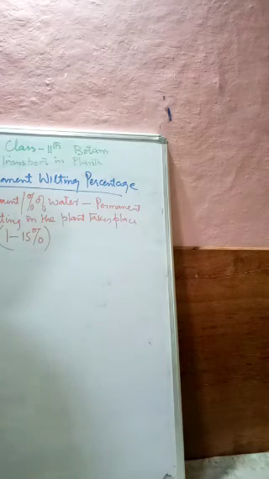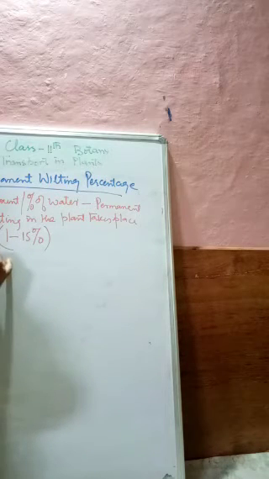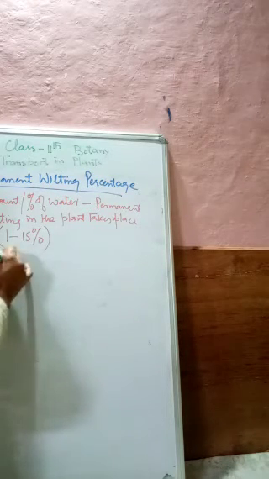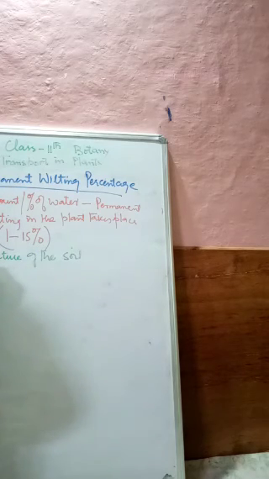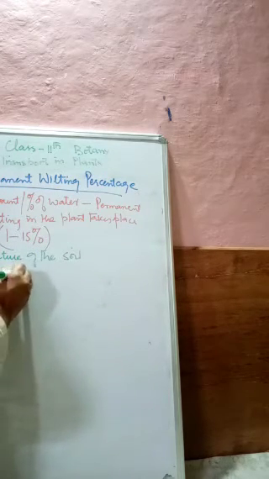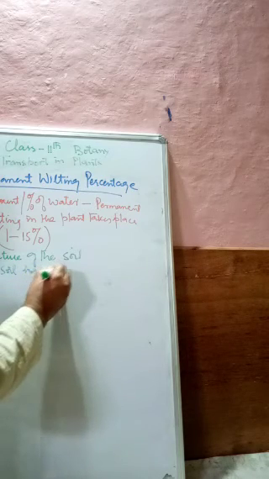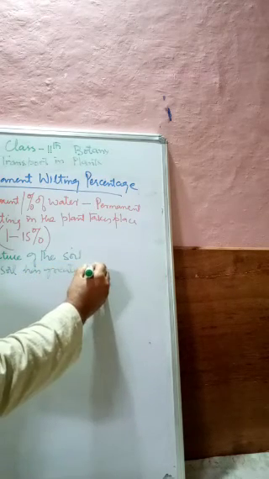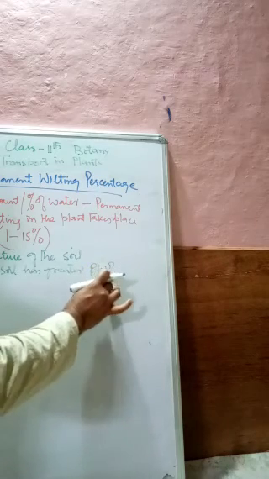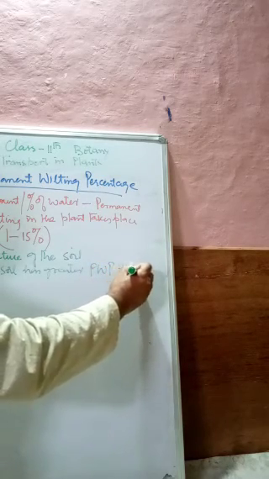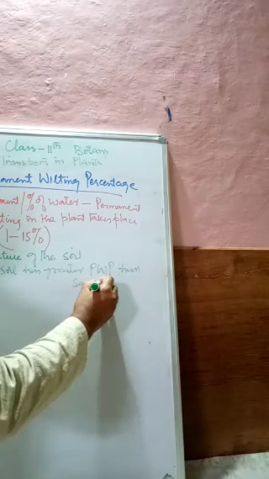It also depends upon the texture of the soil. Clay soil has greater PWP, that is the permanent wilting percentage, than sandy soil.